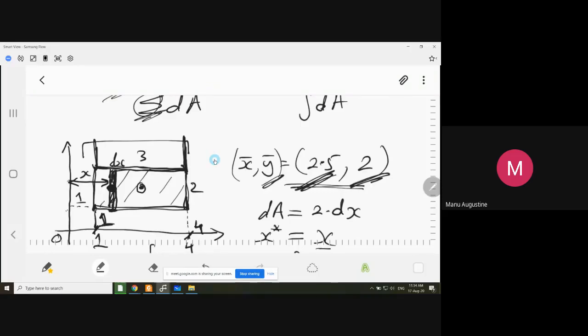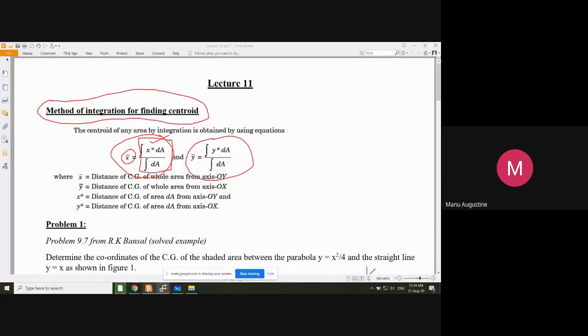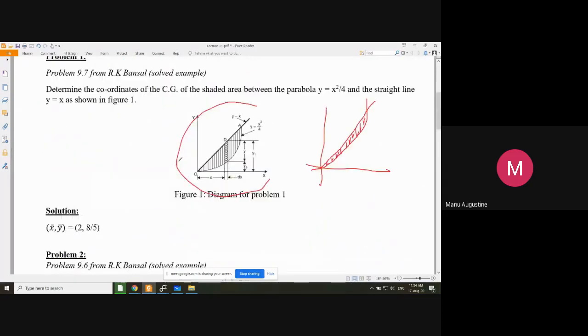The problems which appear like these are the areas where you have to actually find the solution by using the integration method. So now let us try to solve this problem.